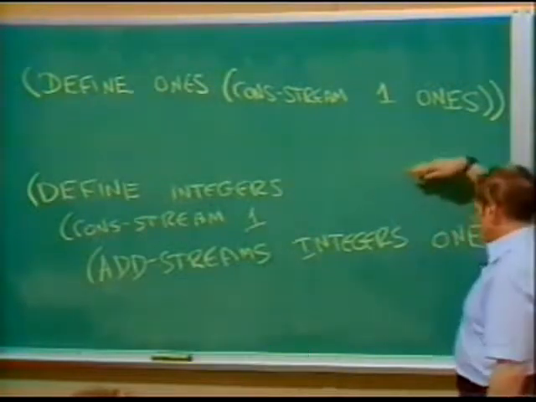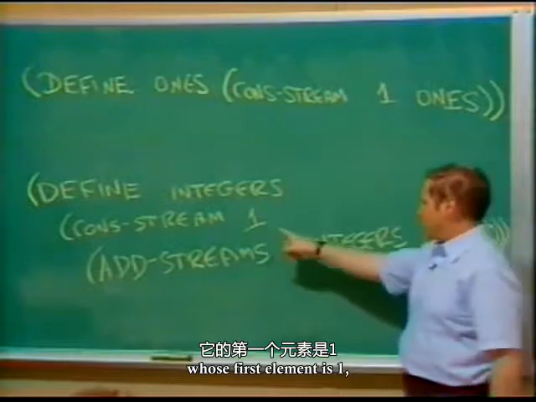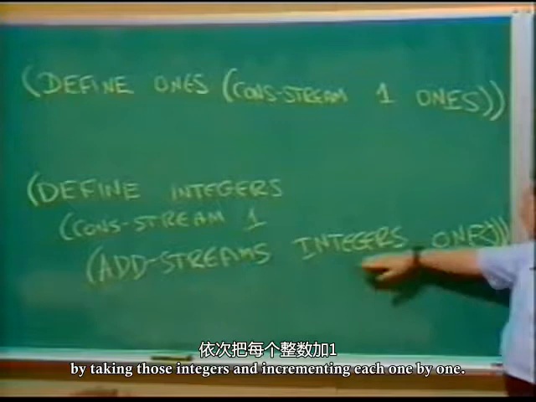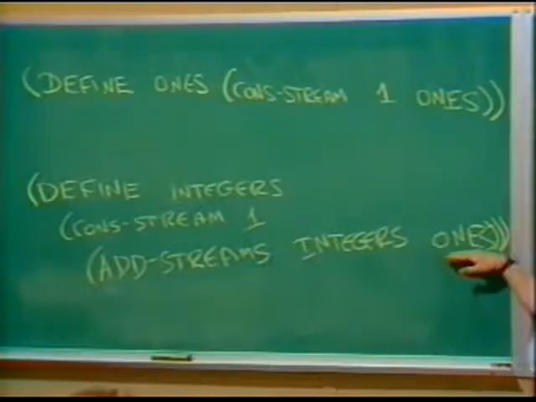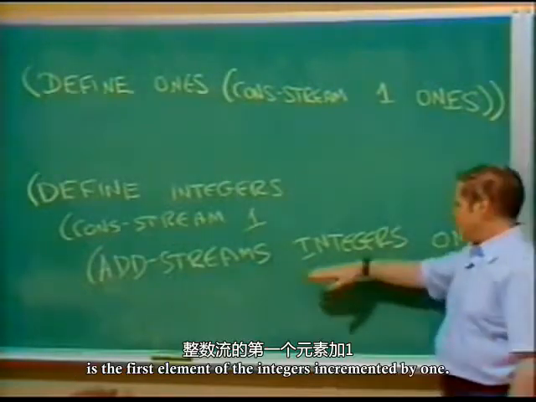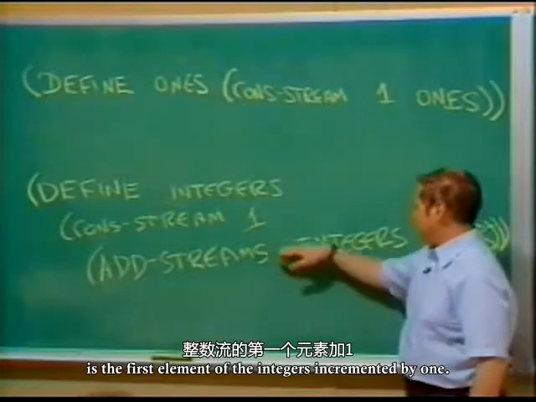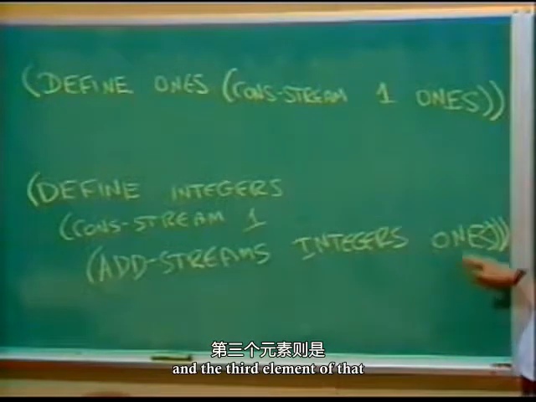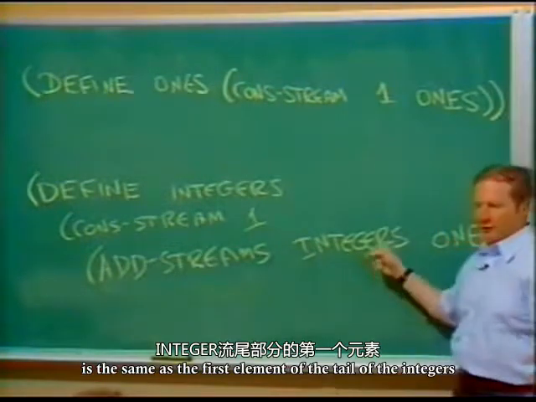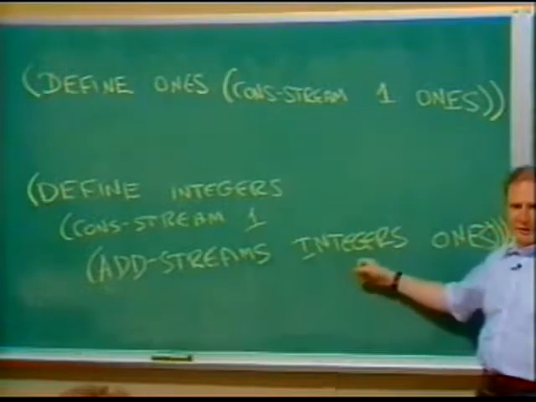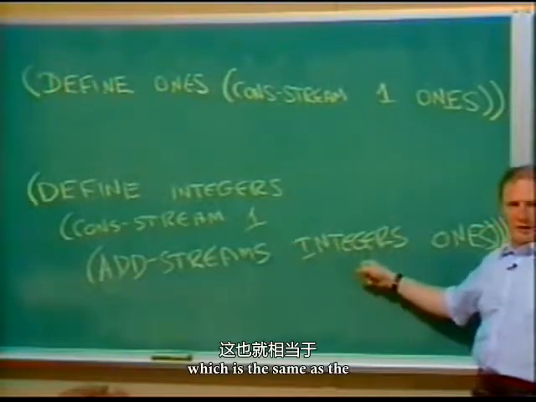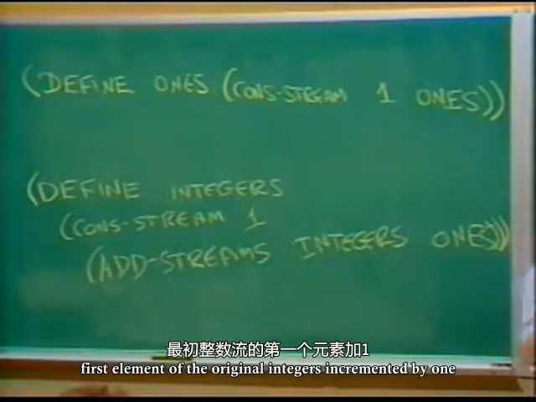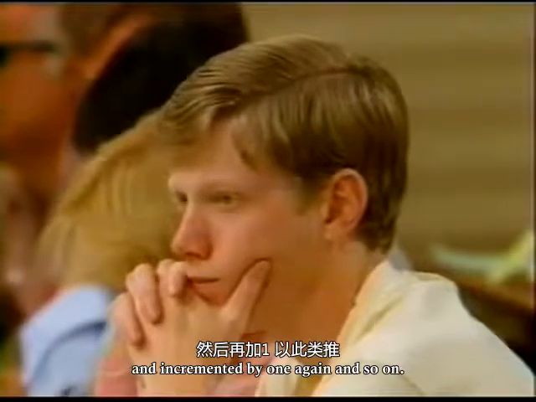The integers are a thing whose first element is 1, and the rest of them you get by taking those integers and incrementing each one by 1. So the second element of the integers is the first element of the integers incremented by 1. And the rest of that is the next one, and the third element is the same as the first element of the tail of the integers incremented by 1, which is the same as the first element of the original integers incremented by 1 and incremented by 1 again, and so on.